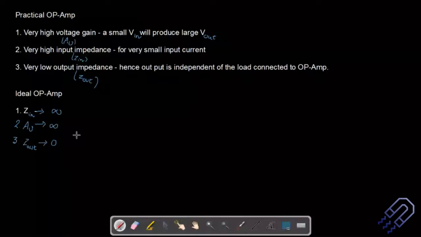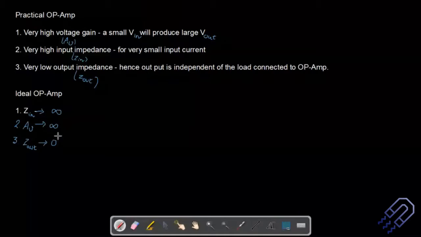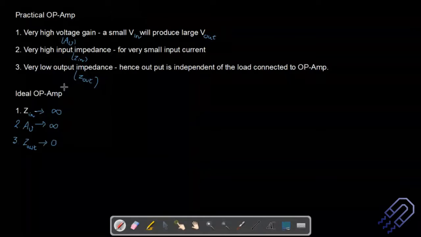If you think about it practically, you cannot have an infinite input impedance or a zero output impedance. There will be some impedance, no doubt. A voltage gain of infinity is very difficult to achieve, you cannot have that much gain. Based on this, this is the case for an ideal op-amp, and this is the case for a practical op-amp. And this is what is important in this particular case.